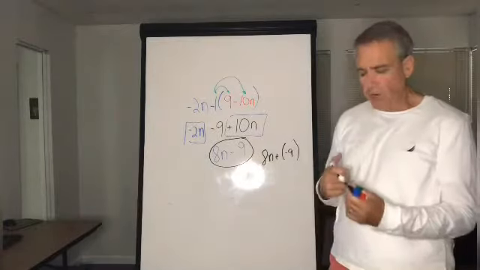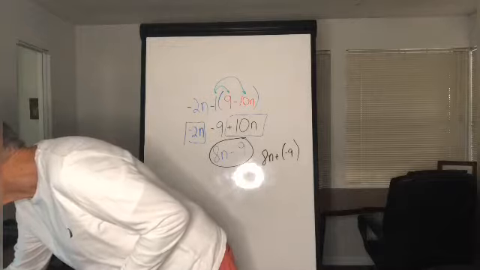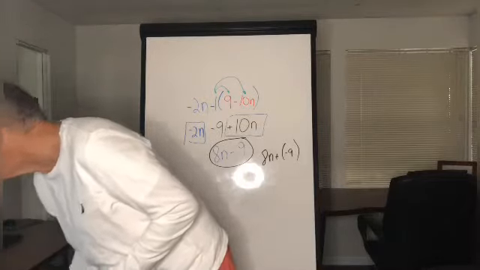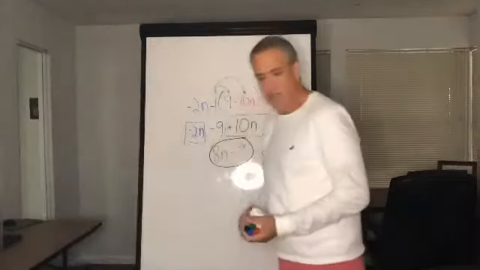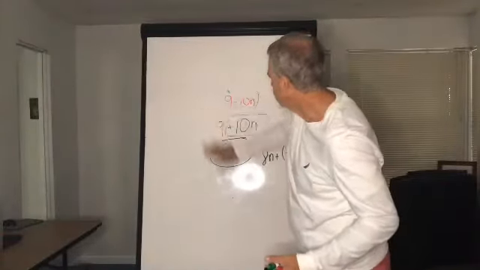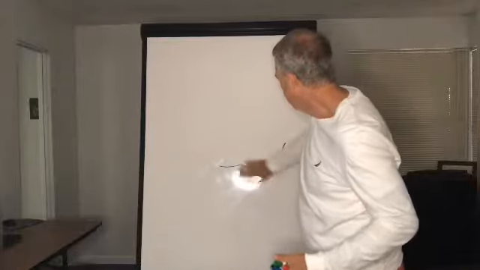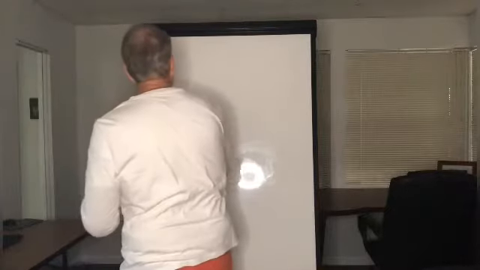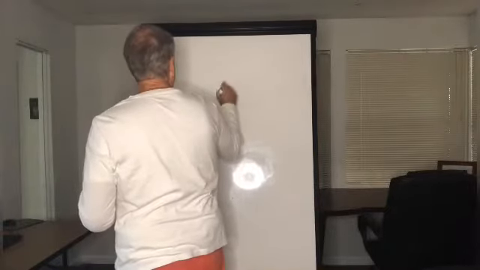Now I want you to try one. We're going to go to number 26. I'll write it down. I want you to try it on your own. Negative 9, 6m, negative 9.